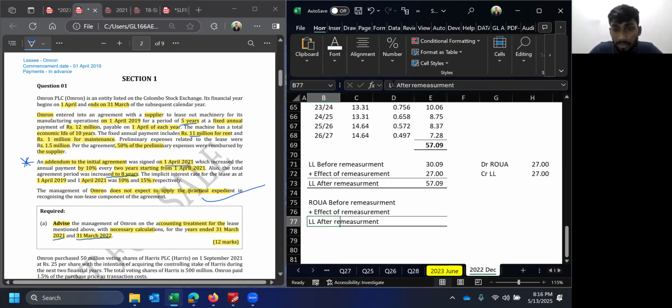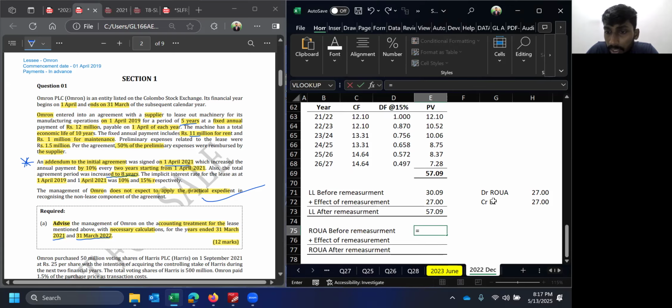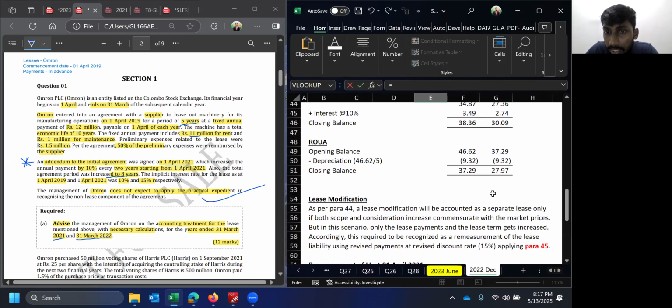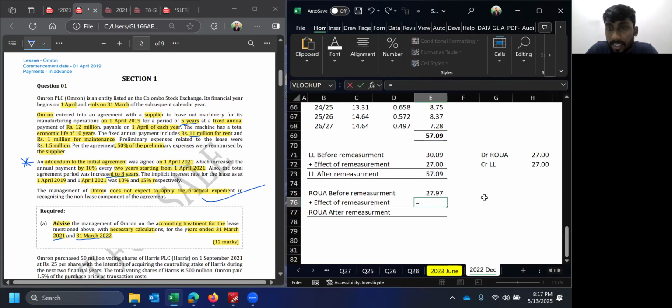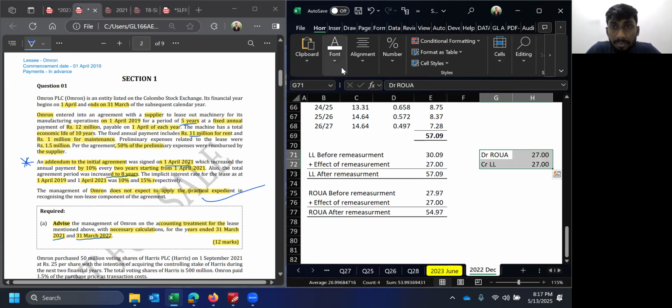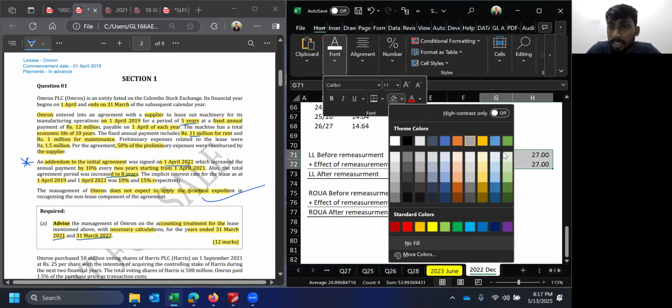Right of use asset before remeasurement, I had 27.97, right? Then I am adding the remeasurement effect. Then I have the right of use asset after remeasurement as 54.97.